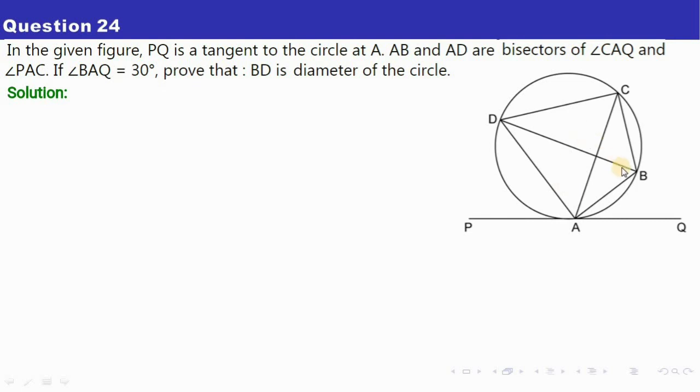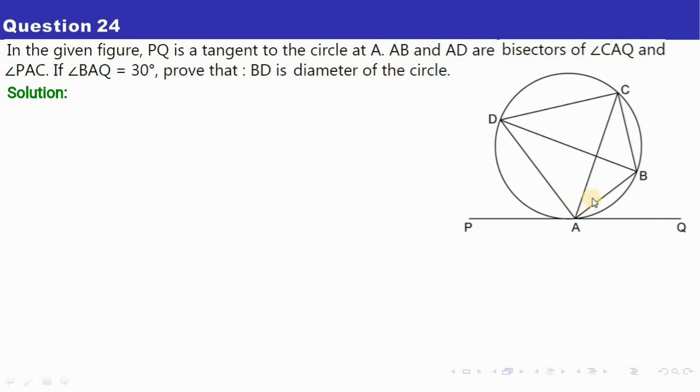So let us see where BAQ is. BAQ is 30 degree, right? We need to prove that BD is the diameter. To prove BD is the diameter, it's enough to show that this angle is 90 degree, because this happens if BD is the diameter. If BD is diameter, then this becomes your semicircle and this automatically becomes your 90 degree.